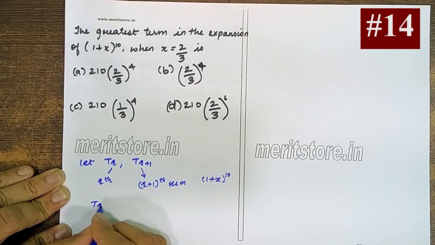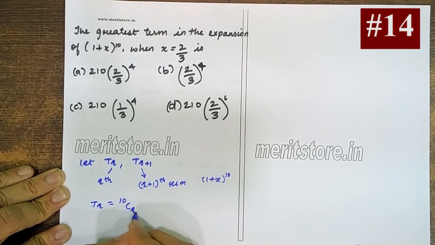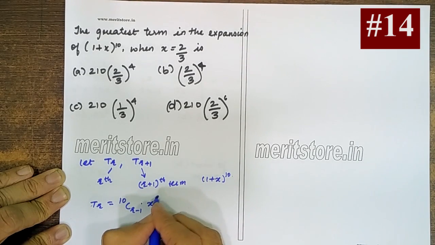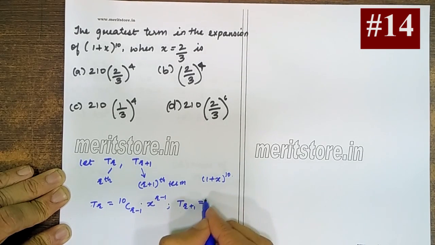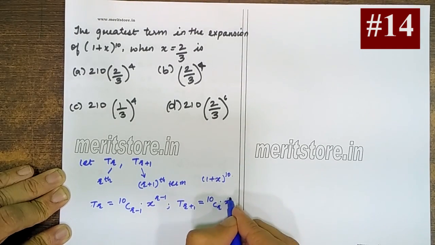Then using the formula we'll get tr is equal to 10 c r minus 1 into x raised to r minus 1 and tr plus 1 is equal to 10 c r x raised to r.